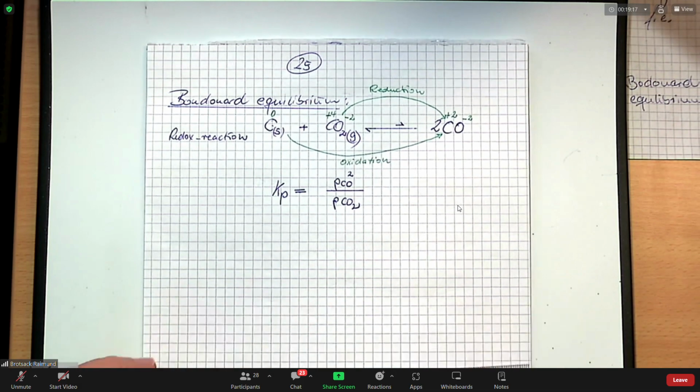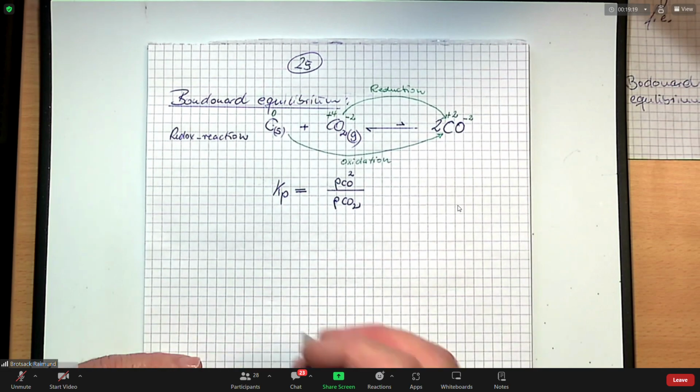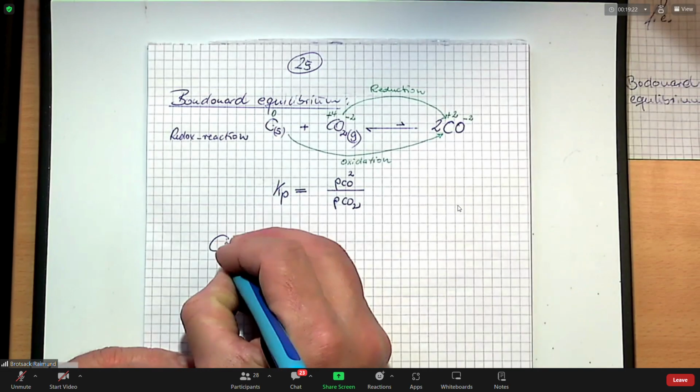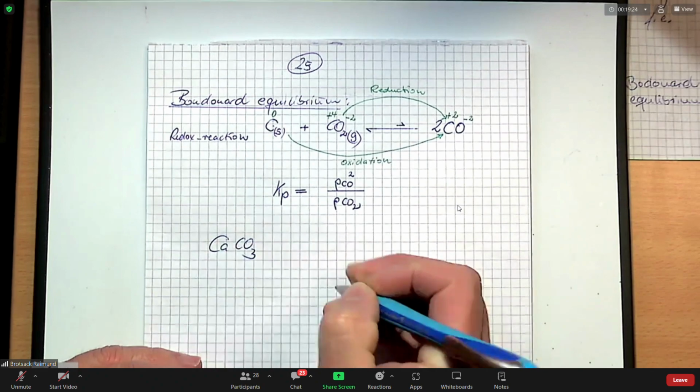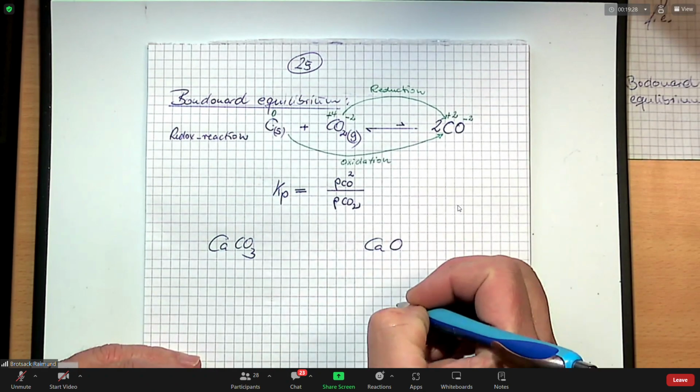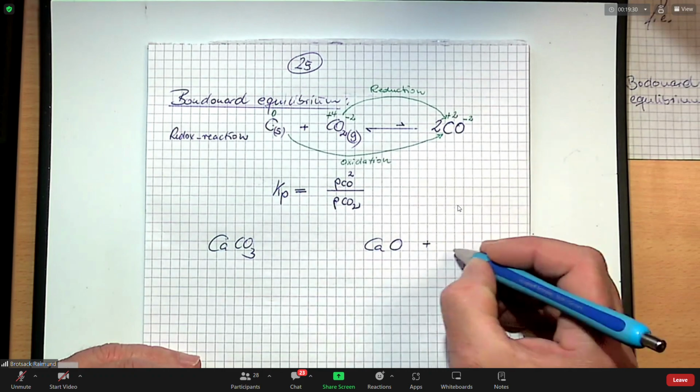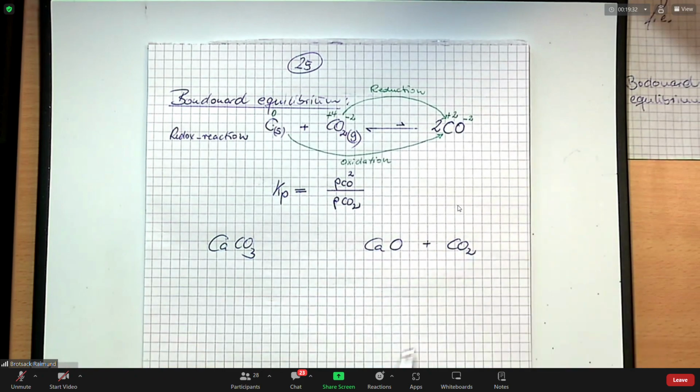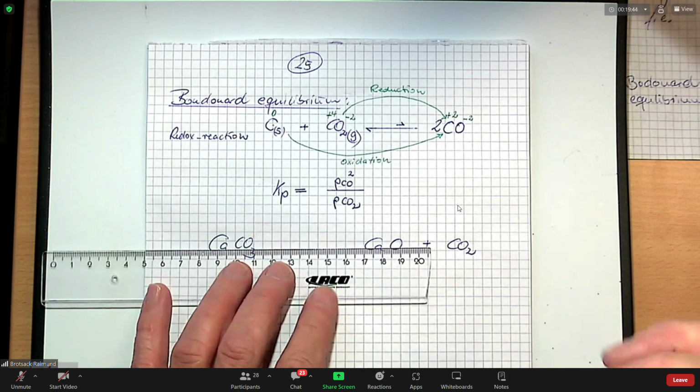Another example. We talk about calcium carbonate, and we know it could react to form calcium oxide and CO2. This is, by the way, an example of a reaction we will do in the lab work session in the next semester, for some of you maybe even later.